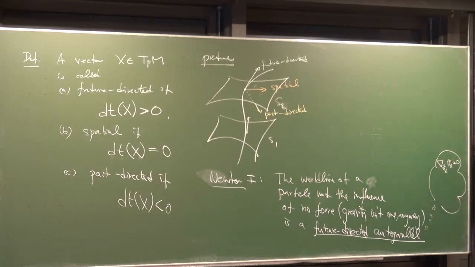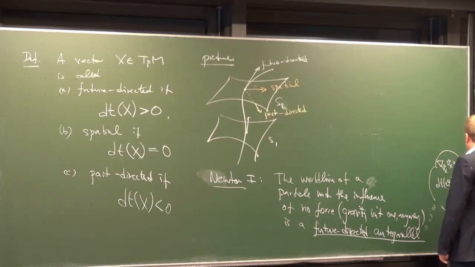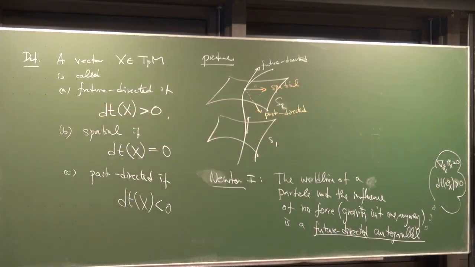That's autoparallel, no force. Acceleration is 0. And you have that dt of the velocity is greater than 0 everywhere. Of course, the particle runs into the future and not into the past. In space-time, you need to make the distinction between future and past, right? Okay. That's Newton's first law.